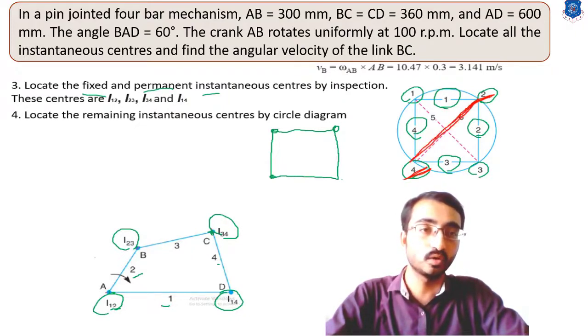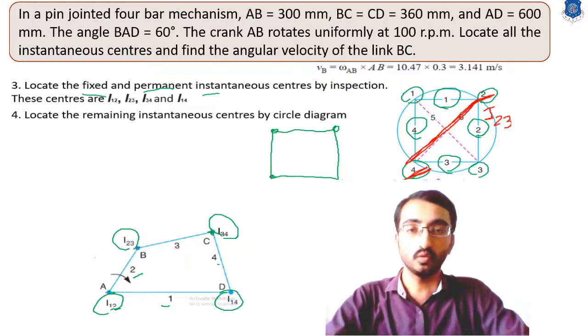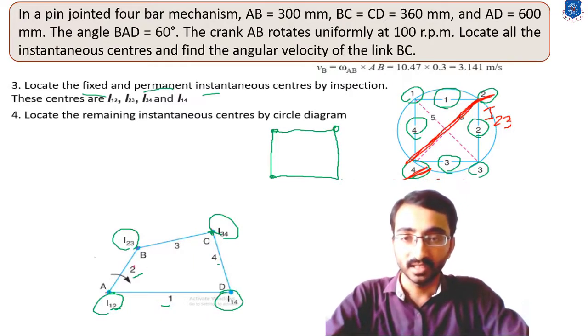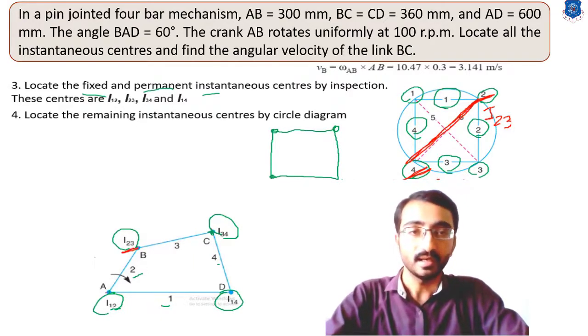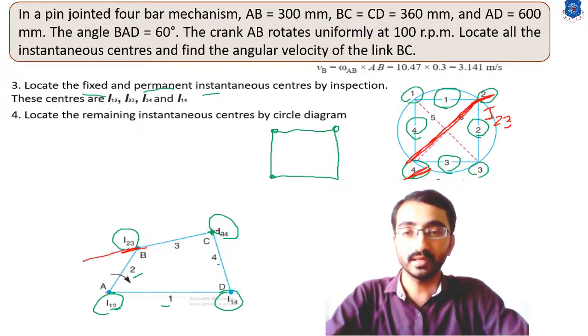To connect these 2 and 4, you have to stretch the I23 and I34 instantaneous centers. So over here, if you observe, I23 is over here and I34 is over here. So you have to extend this 23 and 34 line in this way.